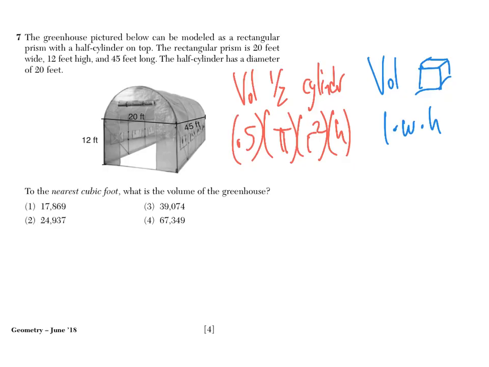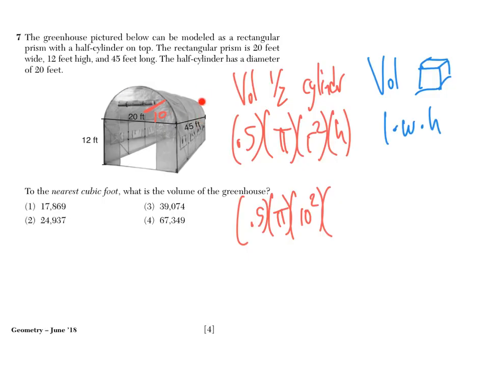So let's plug in our values, add both the half cylinder and the rectangular prism, and we'll get the volume of the greenhouse. So I know that it's going to be 0.5 times pi times r squared. What is the radius? Well, the diameter is 20, so the radius is going to be simply 10. So it's going to be multiplied by 10 squared. And then the height. This is a little bit tricky.